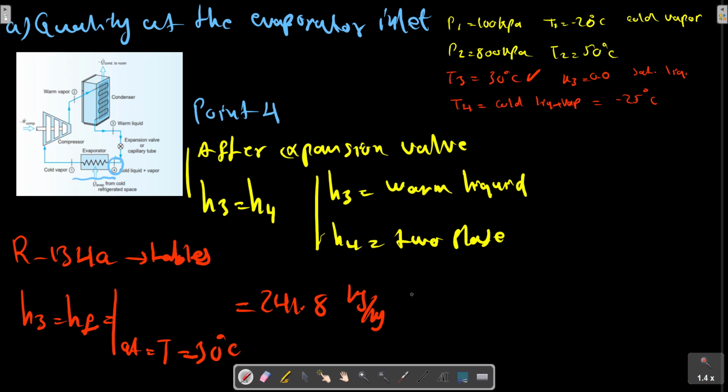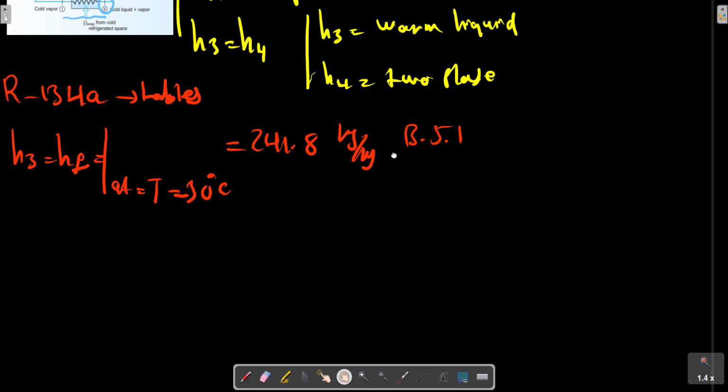The table B, I think B5. Let me check. B5.1.